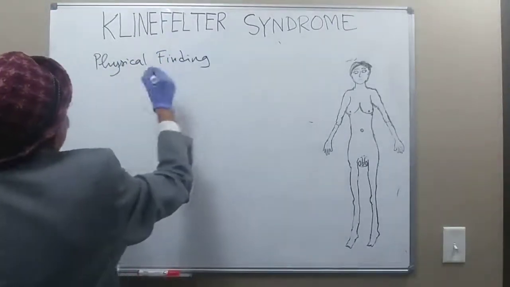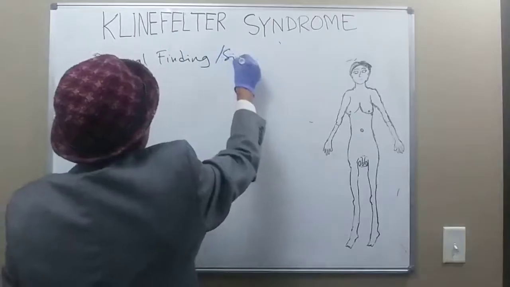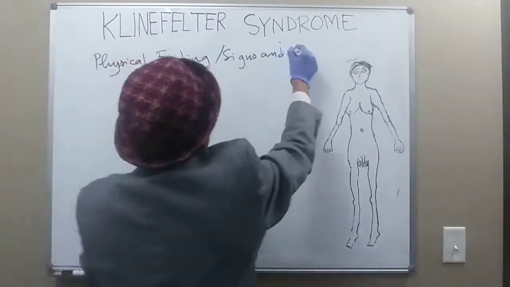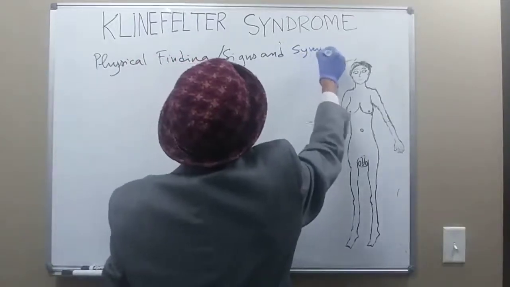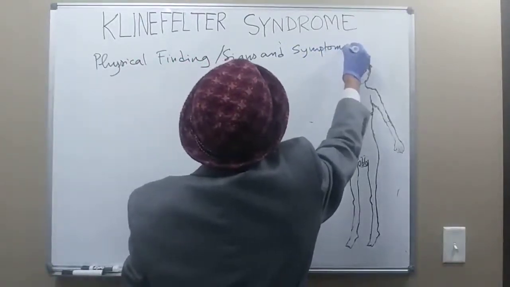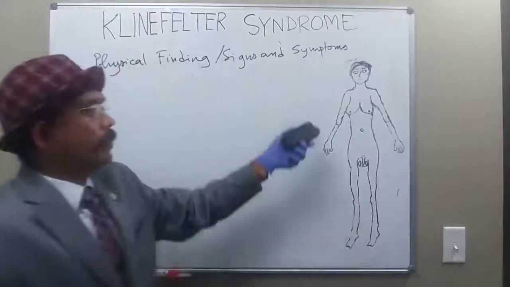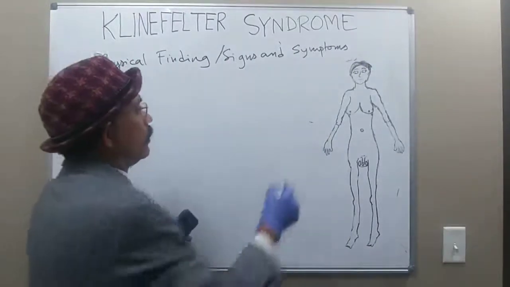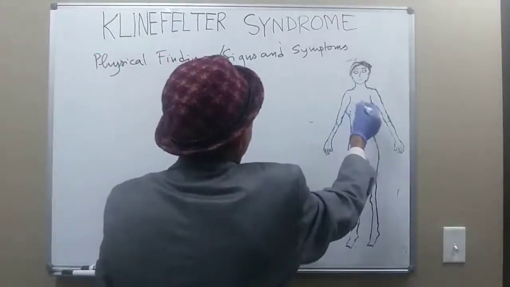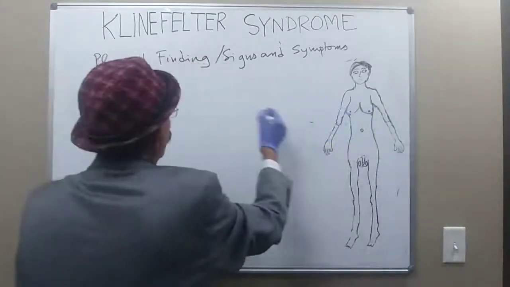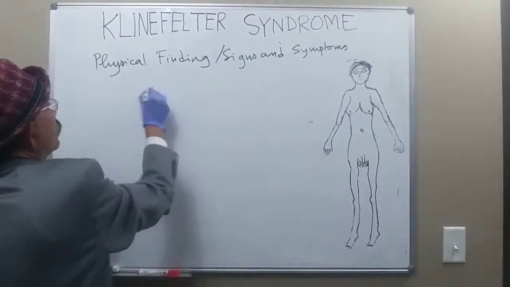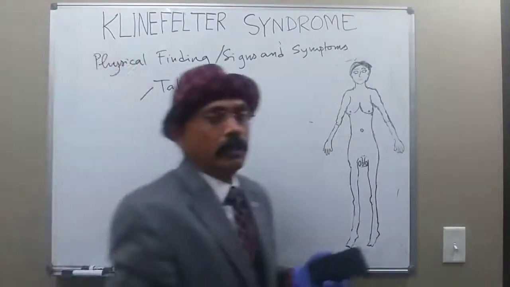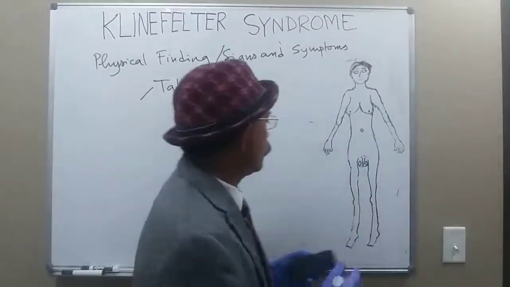We can call it signs and symptoms. If you look at that picture, the most common condition is that they are tall individuals, and their height is disproportionate.